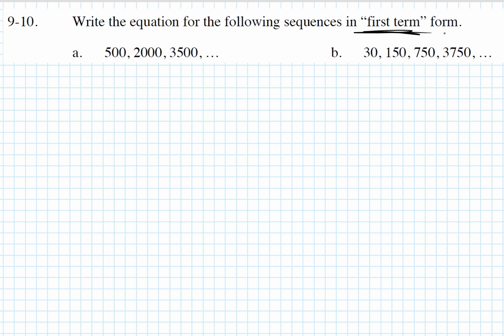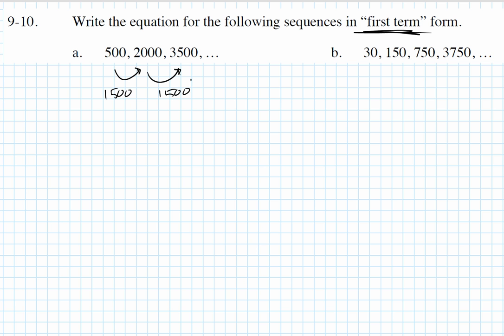If I'm just looking at these in terms of sequences, it appears that this first one is increasing by a constant of 1,500, and it's starting out at 500.